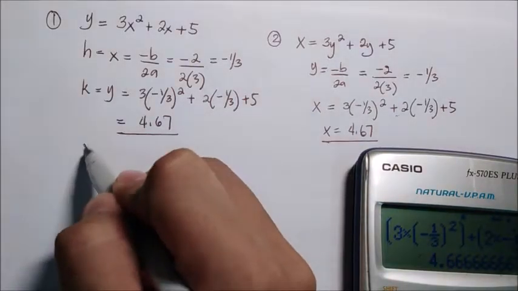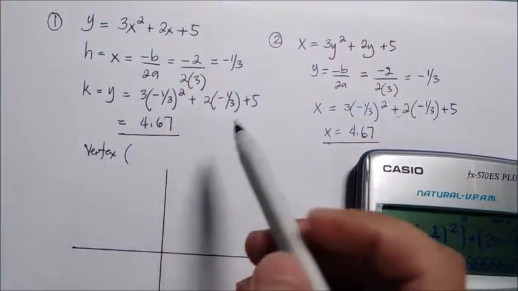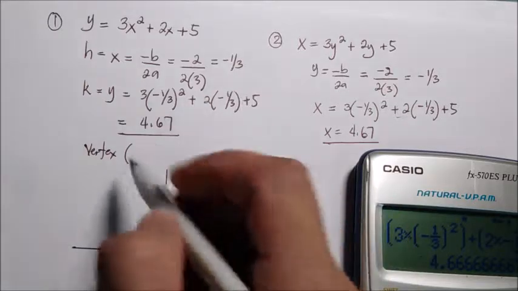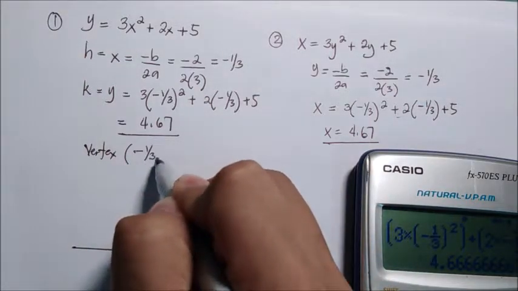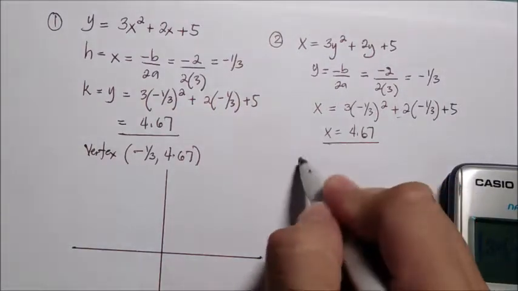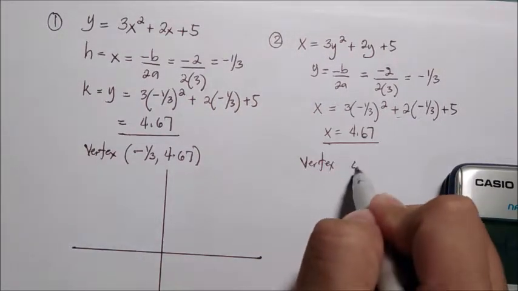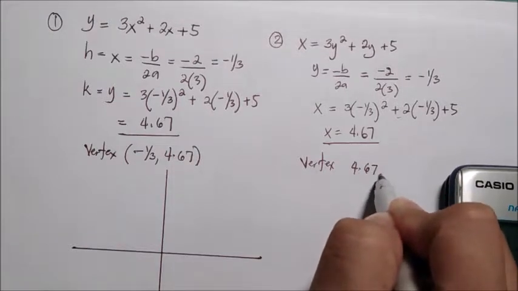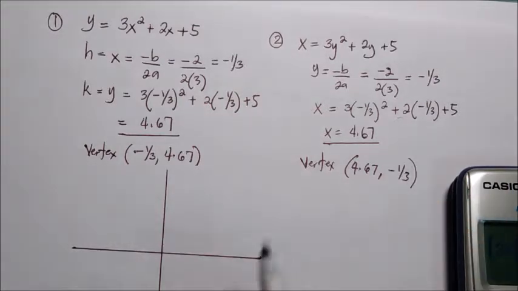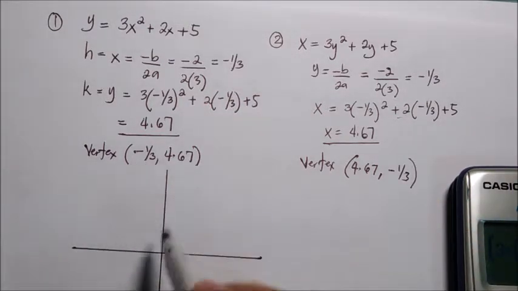So here your vertex is equal to the value of hk. So negative 1/3 and 4.67. Your vertex here is 4.67 and negative 1/3. Okay, so let's graph this. The vertex is negative 1/3.